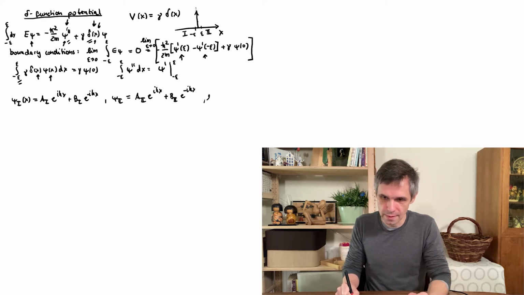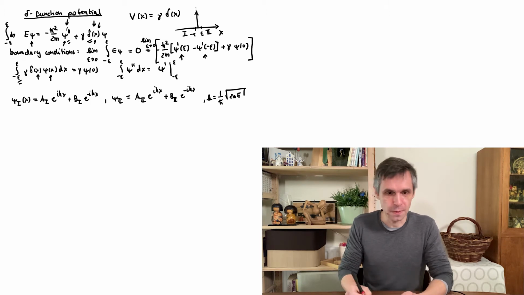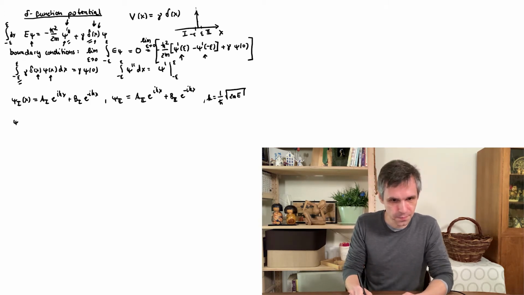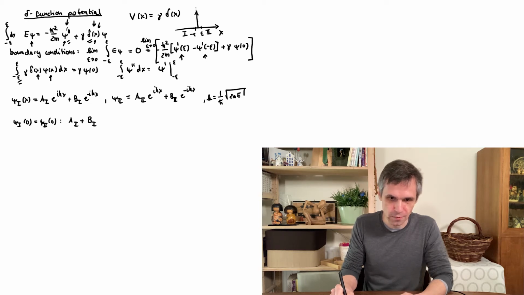And again, k is related to the energy, basically by the de Broglie rule. Now the wave function has to be continuous at the place where the two regions meet. And this simply tells us that these coefficients just have to add up to the same value.